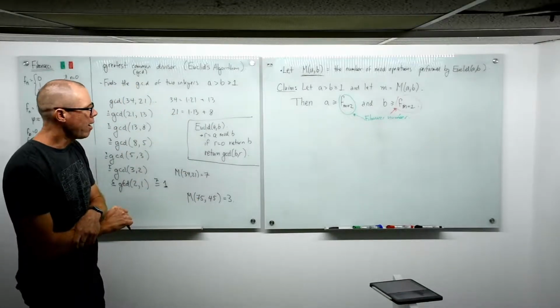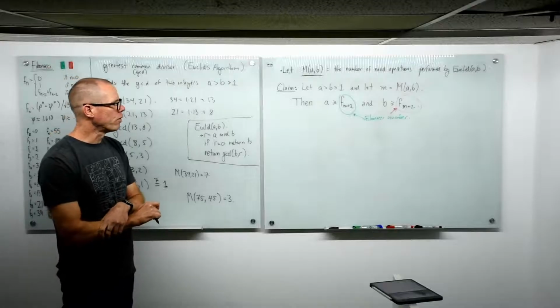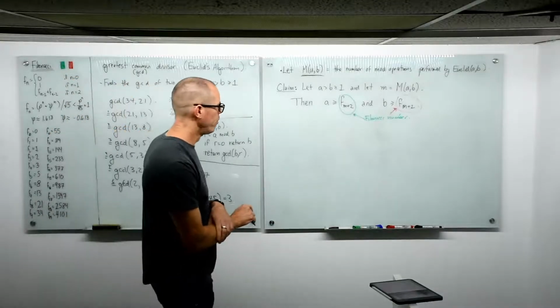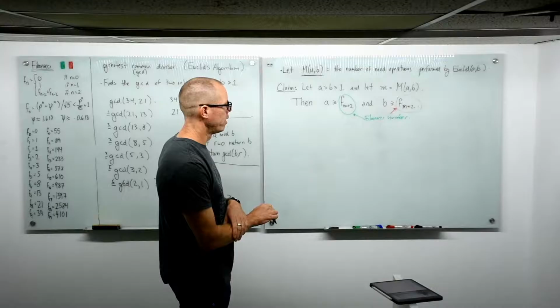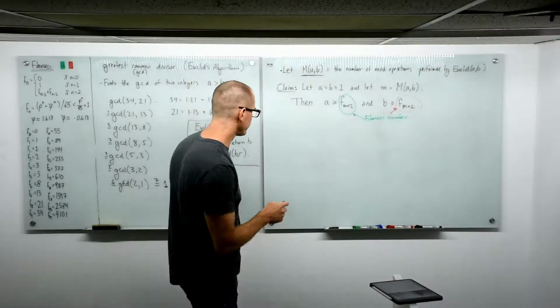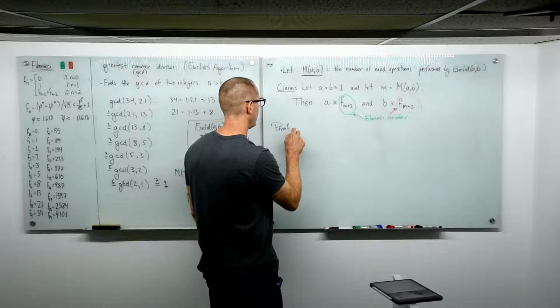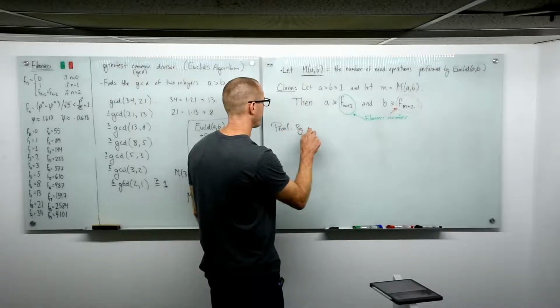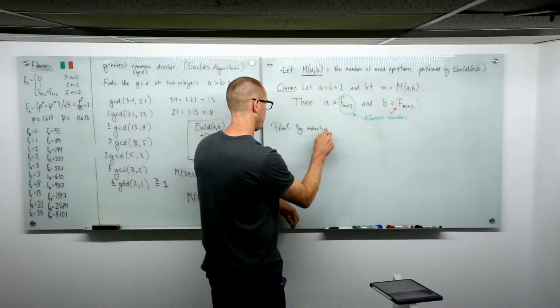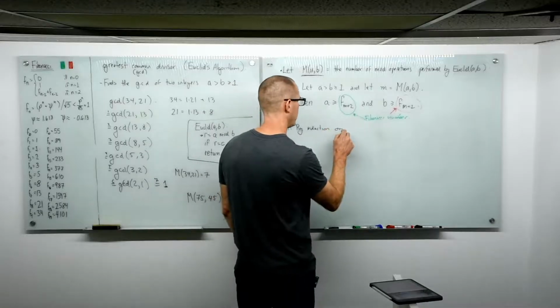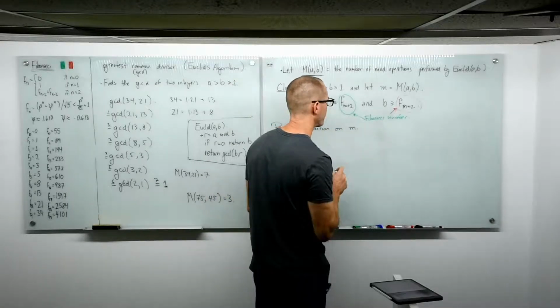So m is a natural candidate to use for the induction variable. So the proof is by induction on m.